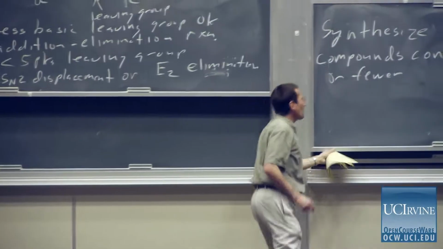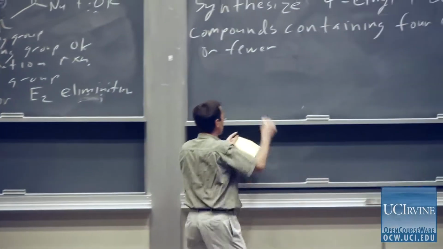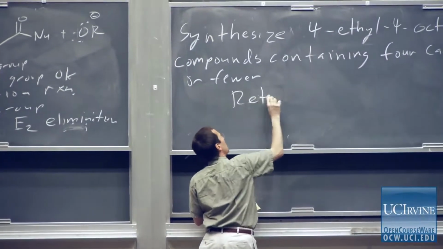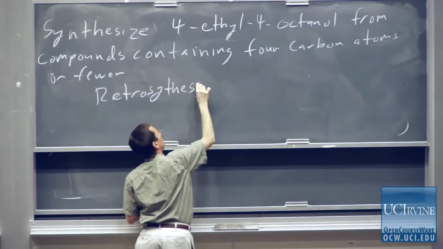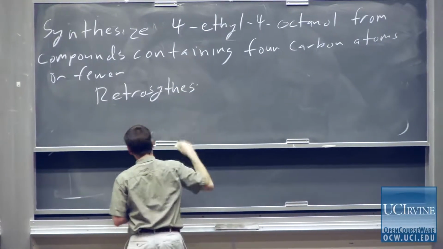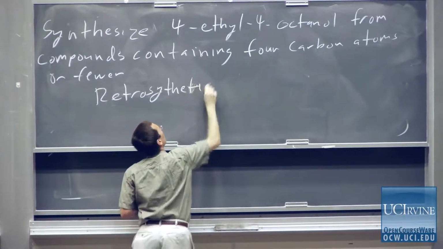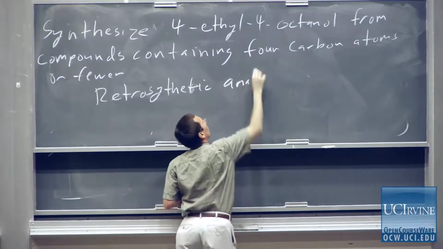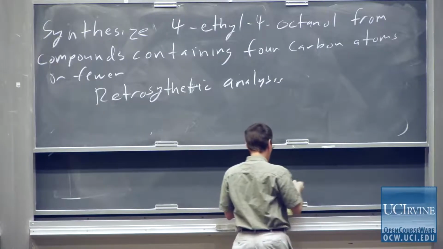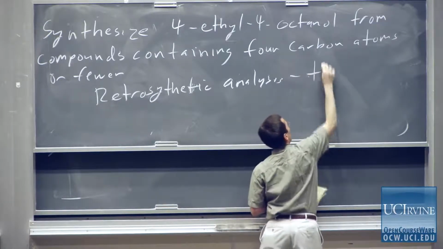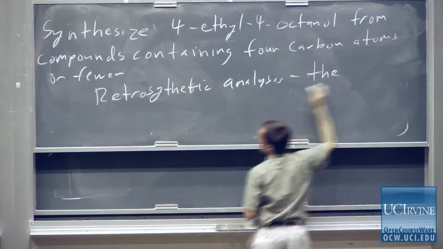And what we're going to do with this is illustrate the way chemists think, the process of retrosynthetic analysis, and we can call this the process of thinking backwards about how to synthesize something.